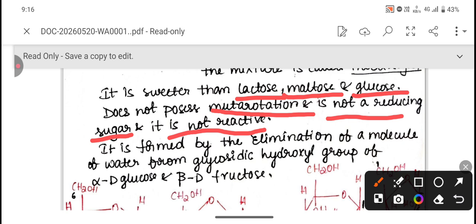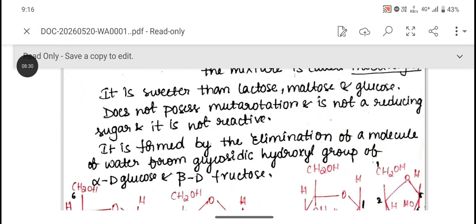So why won't sucrose be able to exhibit mutarotation? Because it doesn't have an anomeric carbon, and it doesn't have a functional group like aldehydes and ketones. That's why it won't be able to react with other compounds to form other products or isomers.